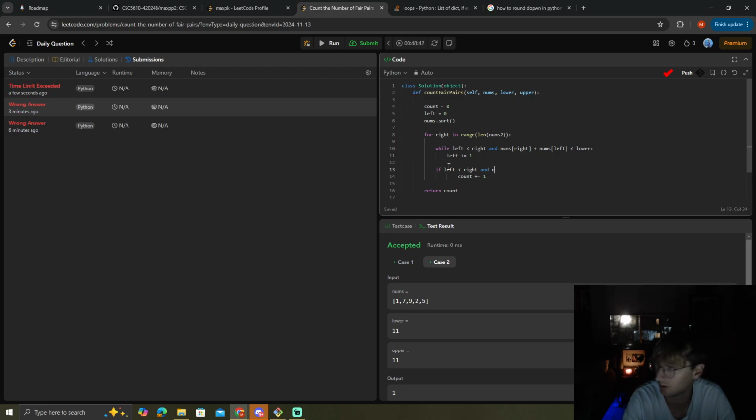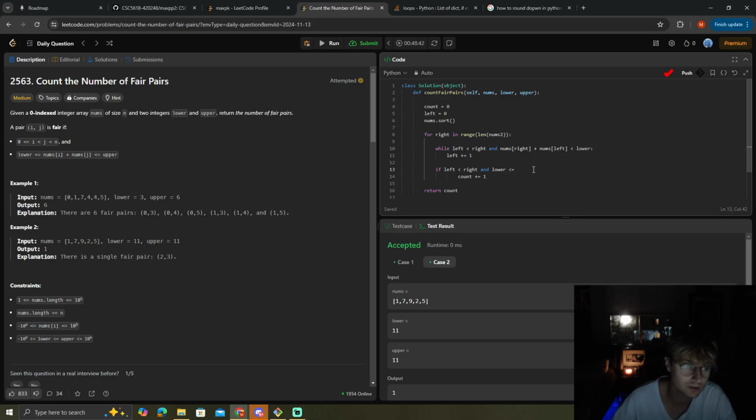Less than right, and lower is nums left. That is upper, and we can add the count.